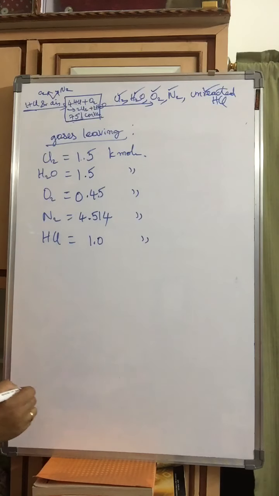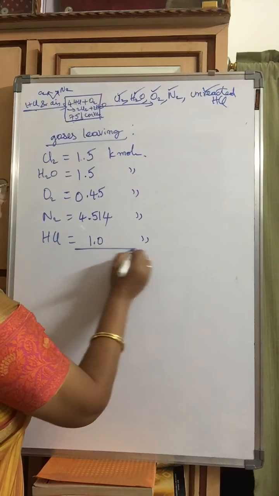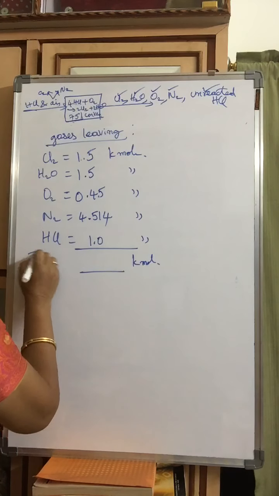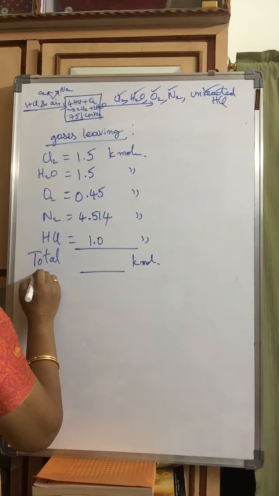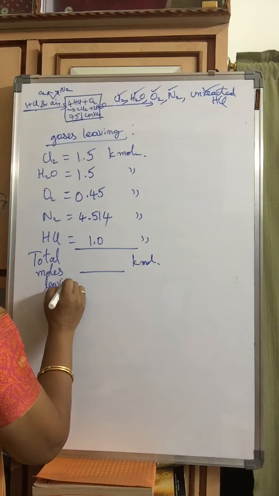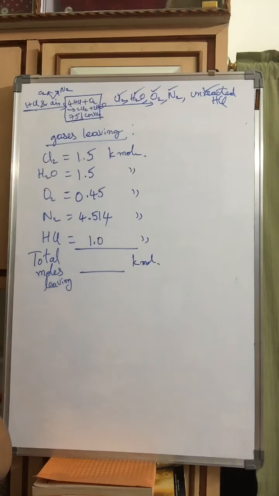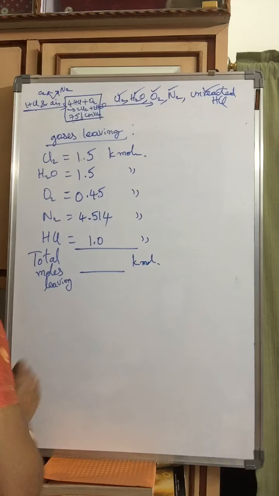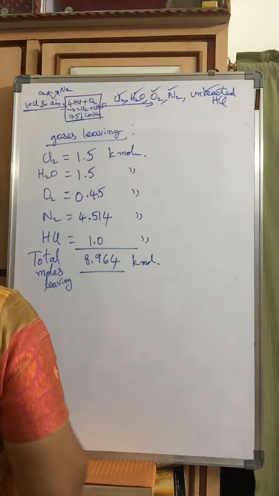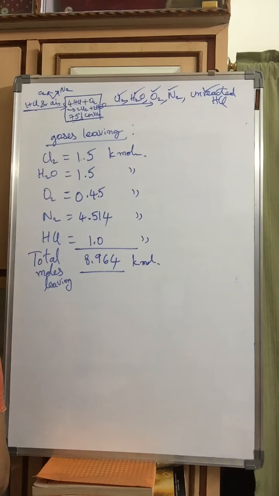These are the moles of each component leaving. So what are the total moles leaving? Total moles leaving is 8.964 kilomoles.